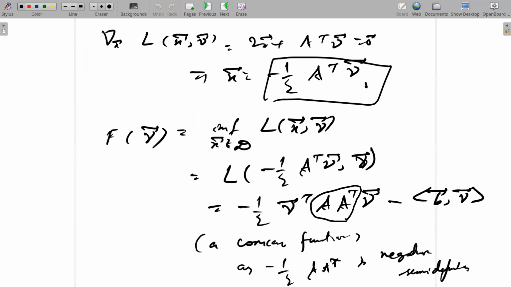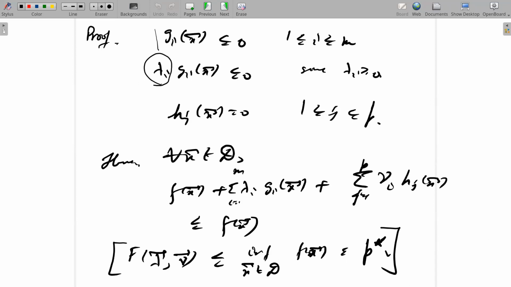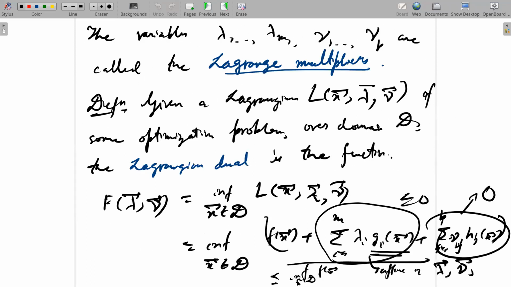I think I may have made a mistake in the definition somewhere. So let's see. I'm just wondering whether it should be D or all of Rn. Yeah, it has to be D, otherwise the weak duality will not hold.